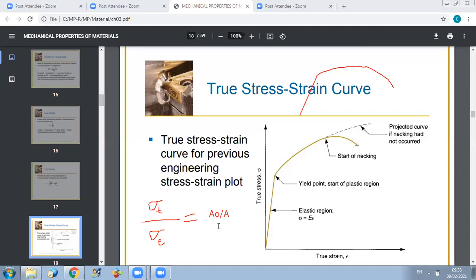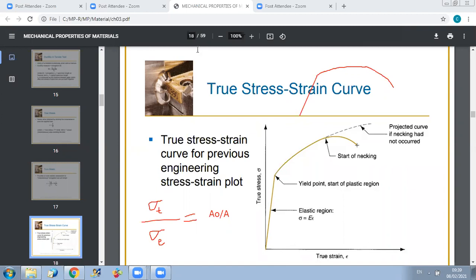Okay, so in this case, we will do together some problems where we put the two graphs on the same graph, and you will see that the true stress values are higher than the engineering stress values. Now, pay attention. If you want to compare true stress to engineering stress on the same graph, you should have the same axis.